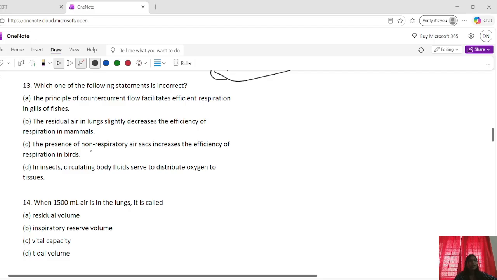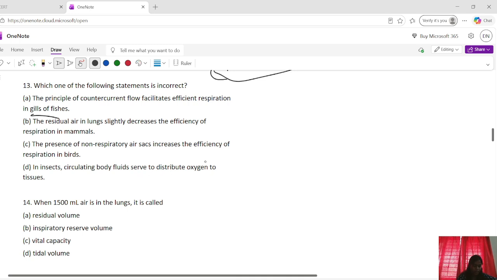Which one of the following statements is incorrect? The principle of countercurrent flow facilitates efficient respiration in gills of fish. The residual air in the lungs slightly decreases the efficiency of respiration in mammals. The presence of non-respiratory air sacs increases the efficiency of respiration in birds. In insects, circulating body fluids serve to distribute the oxygen to tissues.